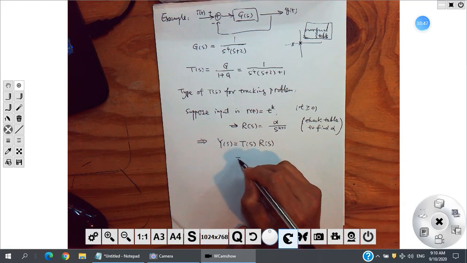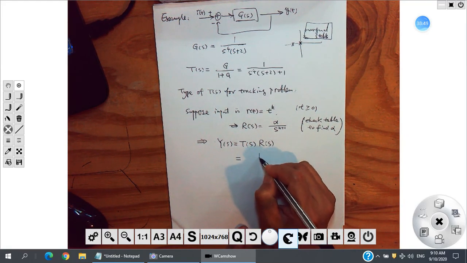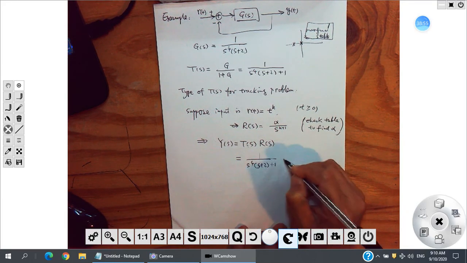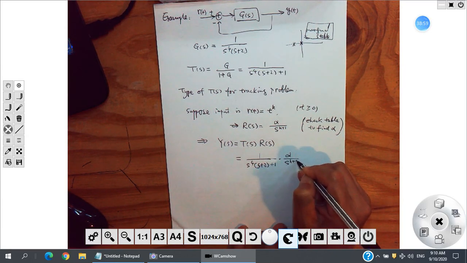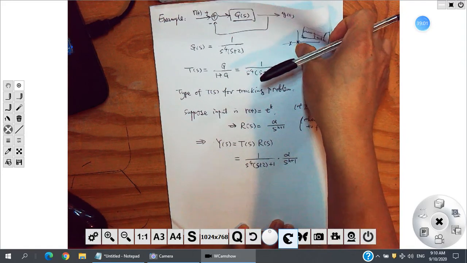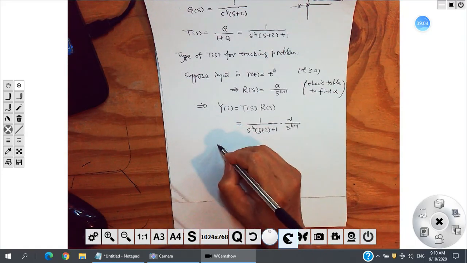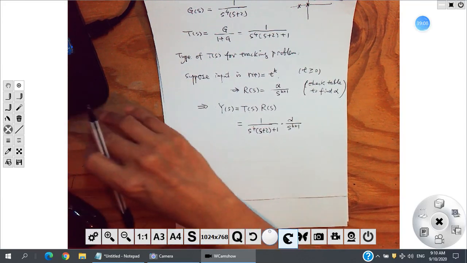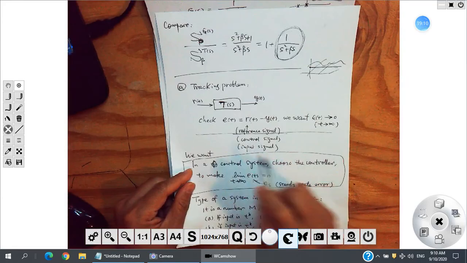T(s) is 4 over s times (s plus 2) plus 4, and R is alpha over s to the k plus 1. Okay, this is Y(s). And then E(s) is R minus Y, right?